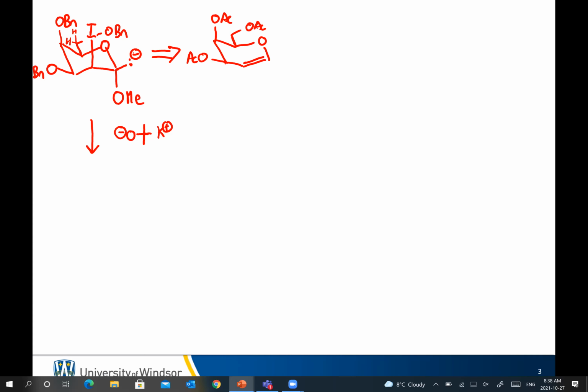I will agree with you, Ronaz, that the electronics on that carbon are the most favorable for the generation of a negative charge, in that you have two oxygens both withdrawing by induction, which is the best. I agree on that front.